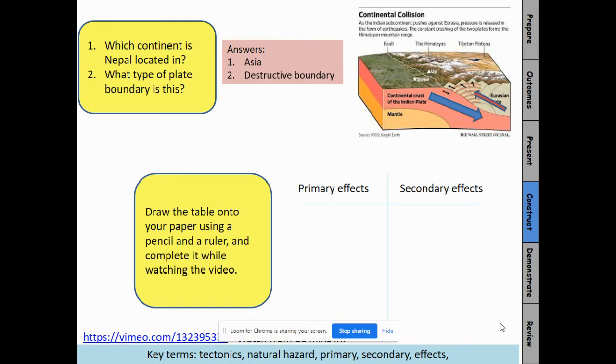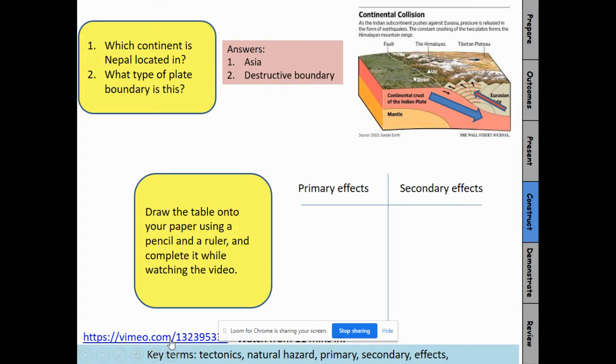The easiest way of doing that is just putting an E and an N for environmental, S for social, and an EC for economical. So I'm just going to start this video. If you cannot hear the video, then feel free to YouTube it and just pause my lesson. I'll also put subtitles on for you.